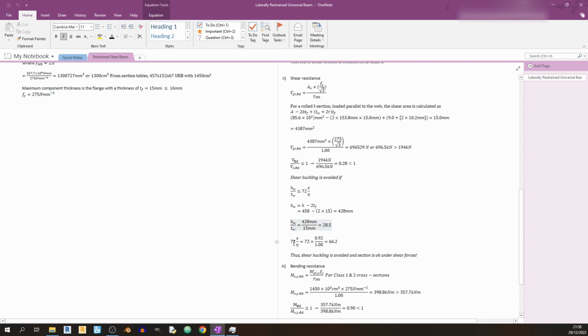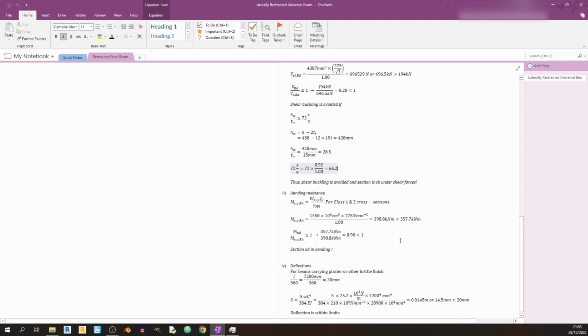And then if we compute the right hand side over here, we get 66.2. So since the height of the web to web thickness ratio is less than 66.2, shear buckling is avoided and the section is okay under shear forces.